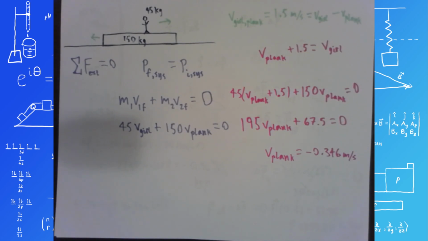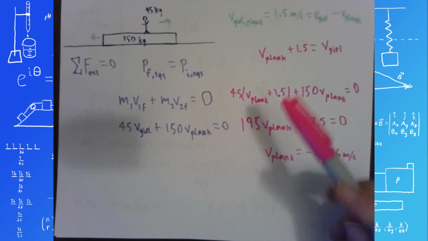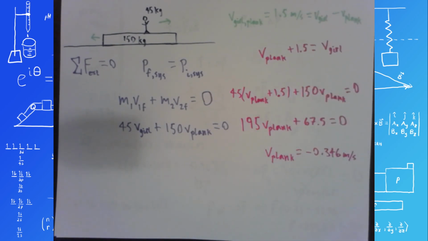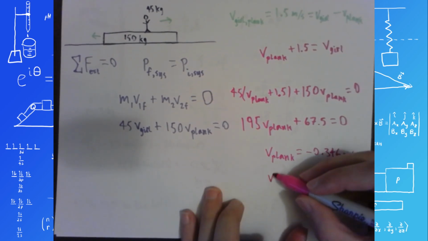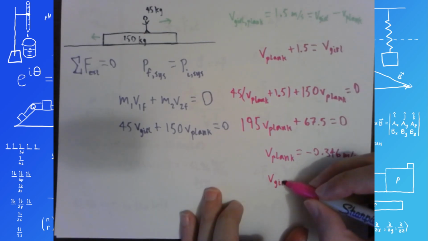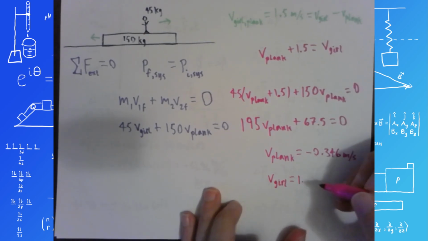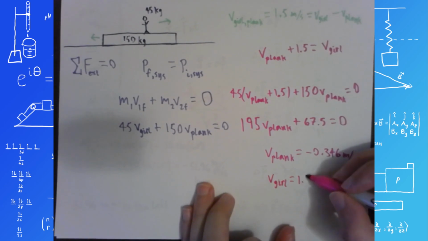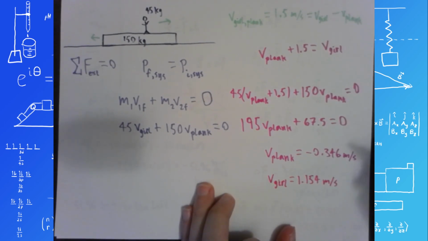Anyway, if I do 1.5 added to V plank, negative 0.346 plus 1.5, gives me 1.154. So V girl equals 1.154 meters per second. And there we go.